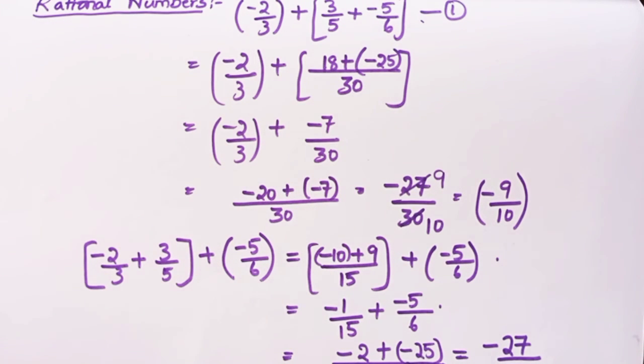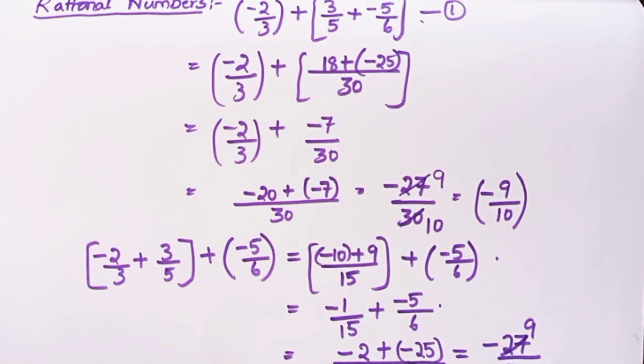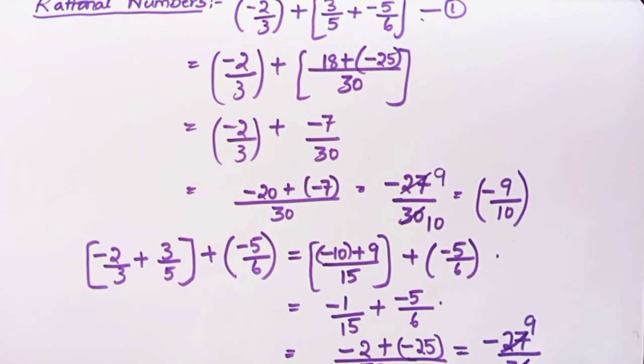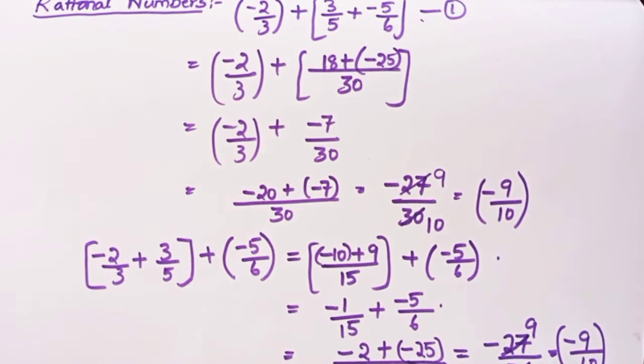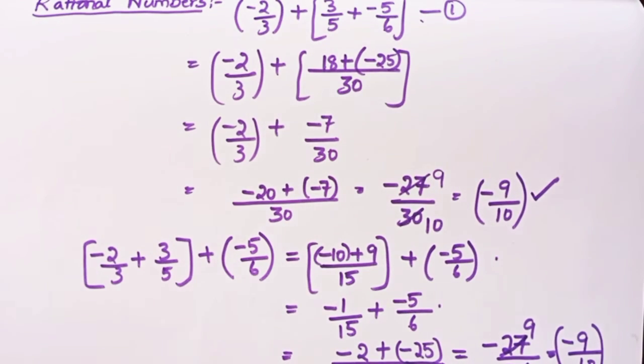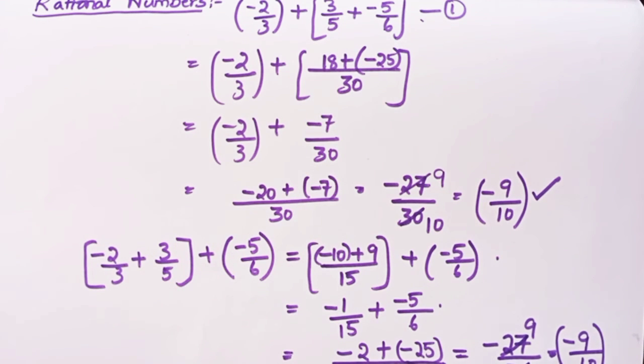So both are again divisible by 3. 3 nines are 27, 3 tens are 30. So in the simplified terms, it will become minus 9 by 10. Did you see here? In case 1 also you got the same result, that is minus 9 by 10. This is our case 2. Here also you got the same result, minus 9 by 10.